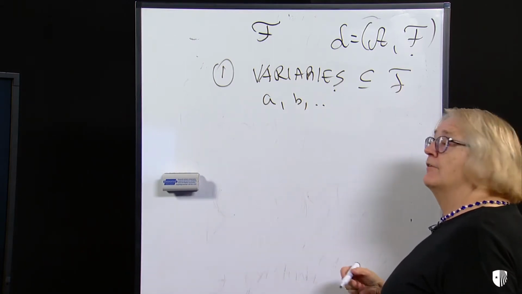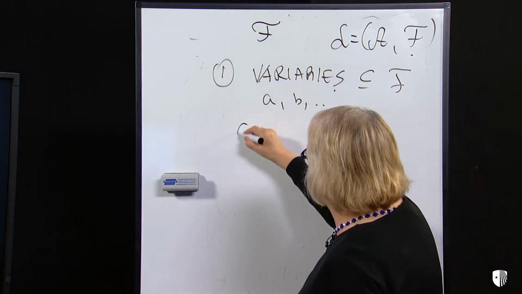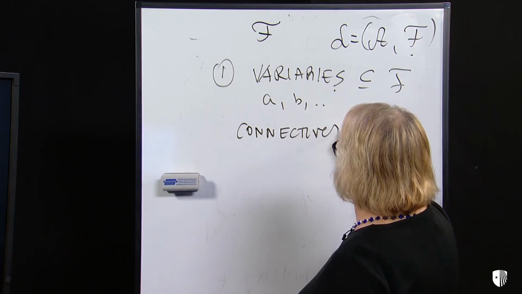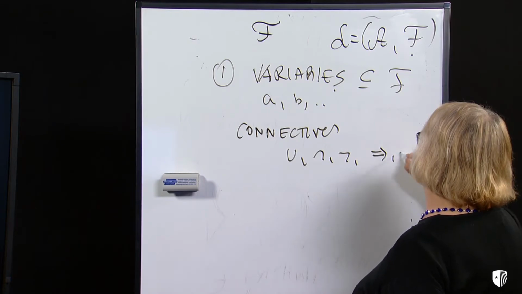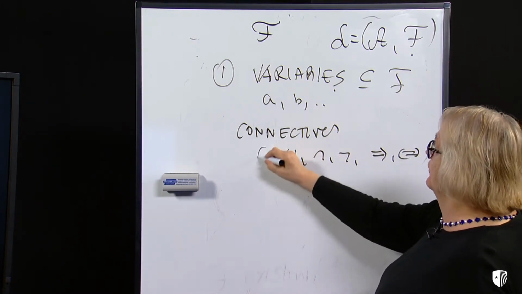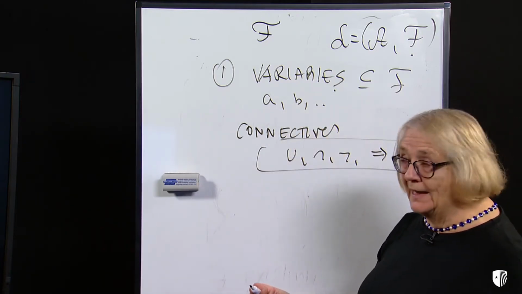Now, if you have something more complex, and you have the connectives, because we have all those connectives, formulas are built out of those connectives and variables in a special way.